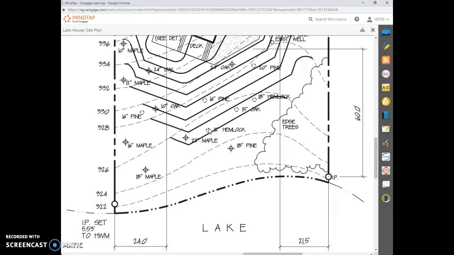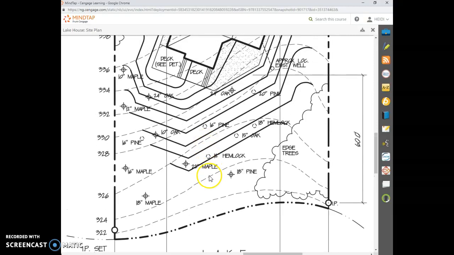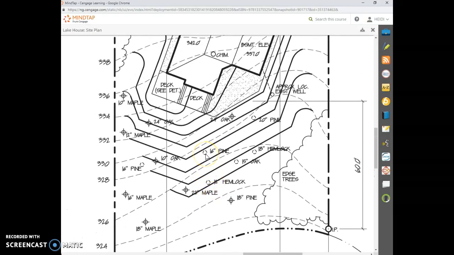Remember that you sometimes have to read in your book in order to answer the questions, and if you don't know how to find something, you need to go back through the chapter and read, because it's often telling you in the information. So the question says, how many trees are to be removed? We're going to count all the trees that have this hidden line.